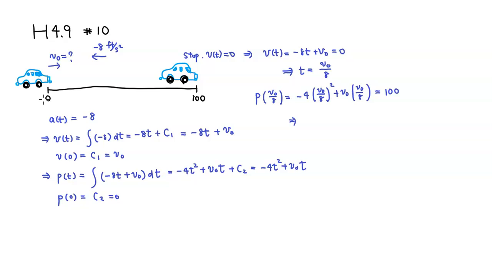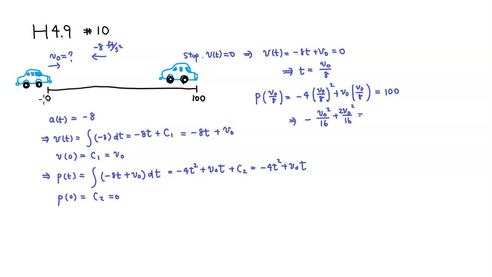Maybe I'll write it as negative v0 squared over 8 squared, which is 64, divided by 4, would be 16. So negative v0 squared over 16, plus v0 squared over 8. v0 squared over 8 is the same thing as 2 times v0 squared over 16.